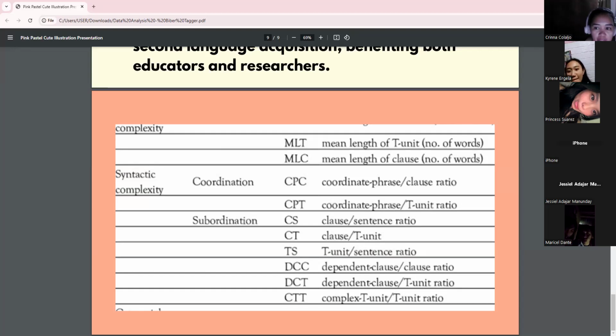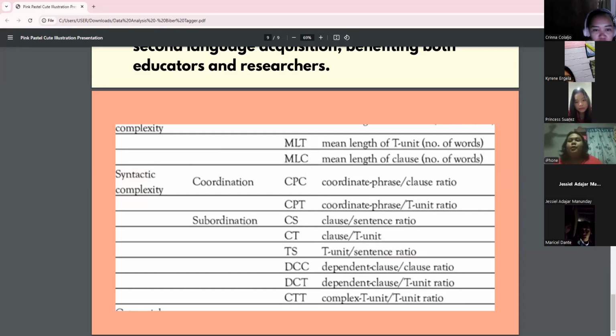So basically, the Vibe tagger is a tool with which we are able to identify the parts of speech and the grammatical structure in text. For example, in a sentence, by the use of the tagger, it will give us what is the noun, what is the verb, what is the adjective. It helps a lot, especially for us researchers when we're doing our research.